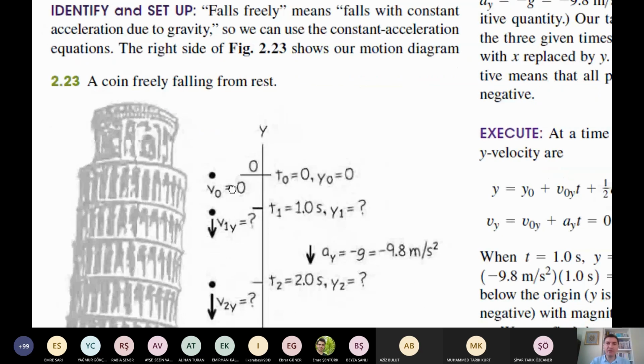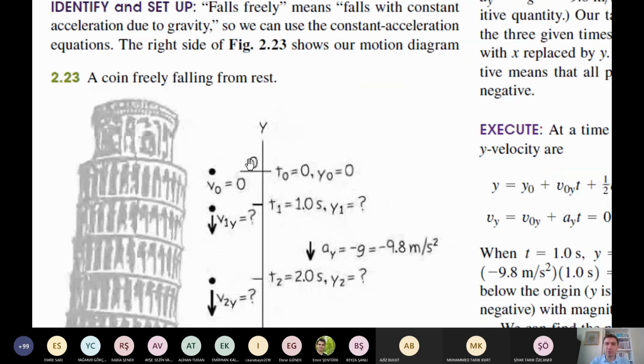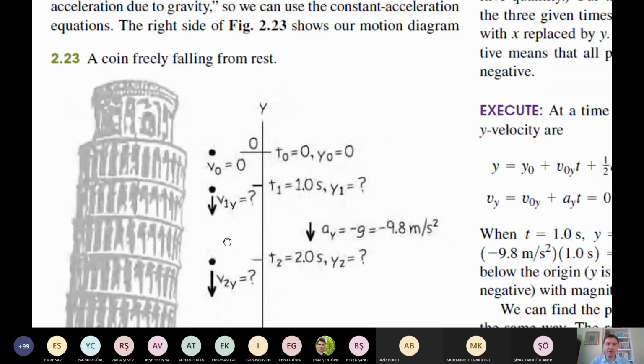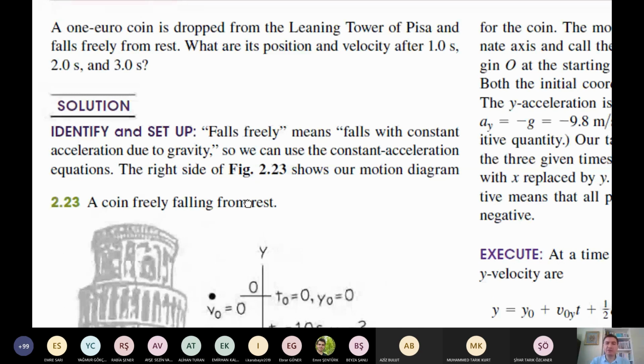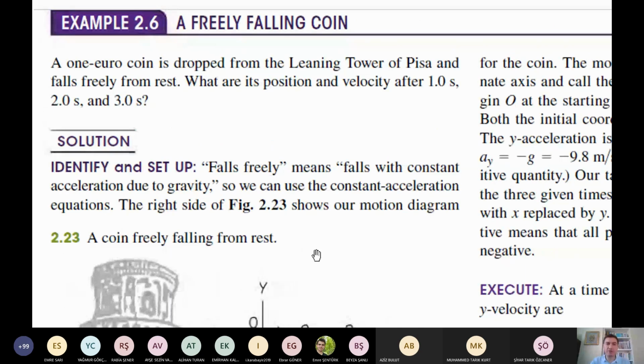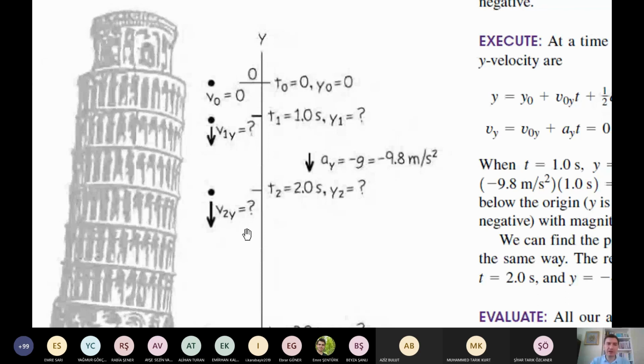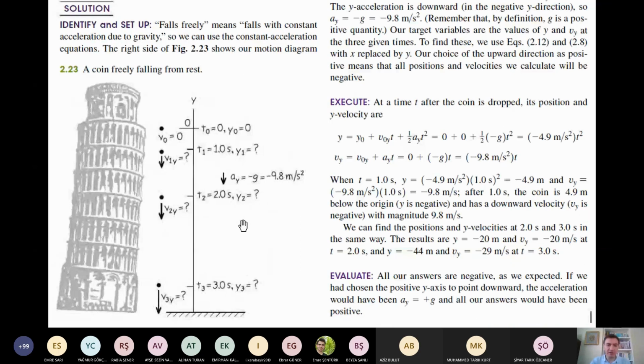So now we have a motion diagram. A motion diagram is very important. You just read the question and then draw a motion diagram. Then you can easily solve your question. So this is a motion diagram. What do you see here? This is the ground. This is the positive y direction.